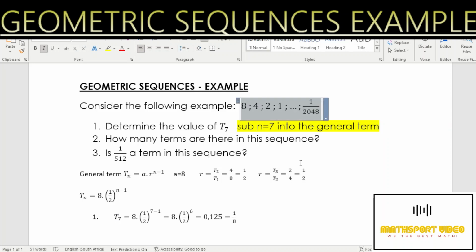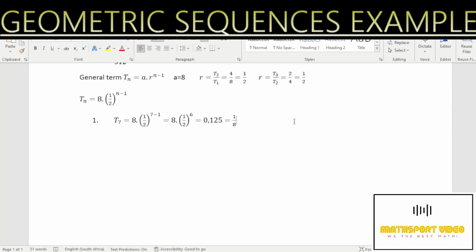Now, I just want to point out, we could have done this in a slightly different way, by simply continuing the pattern. You can see 8, 4, 2, 1. Every time you are timesing by a half, the next number is going to be a half, the next number is going to be a quarter, and the next number is 1 over 8.